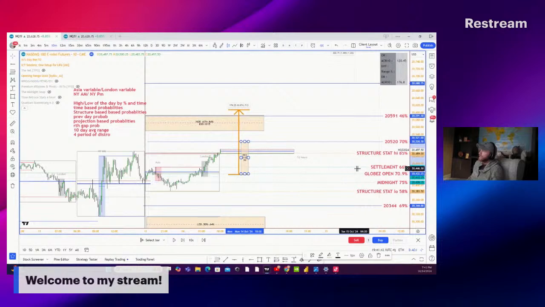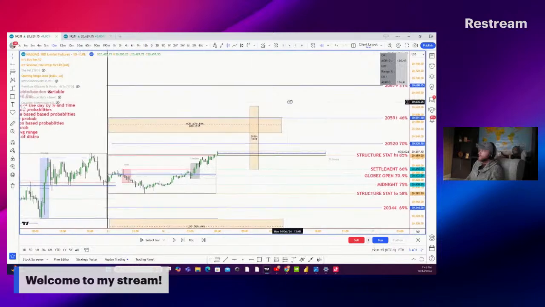We know that 9 to 10 o'clock has a higher probability of reaching this settlement price, right, through data. So what I do is I place this at the base of the settlement, like that. And this goes to 1030, like that. And this goes up. Now we have our average 10-day 930 to 1030 range right there on our charts, right?